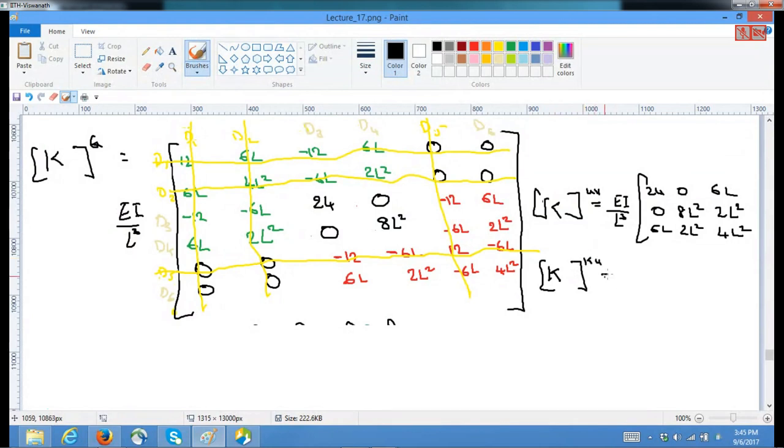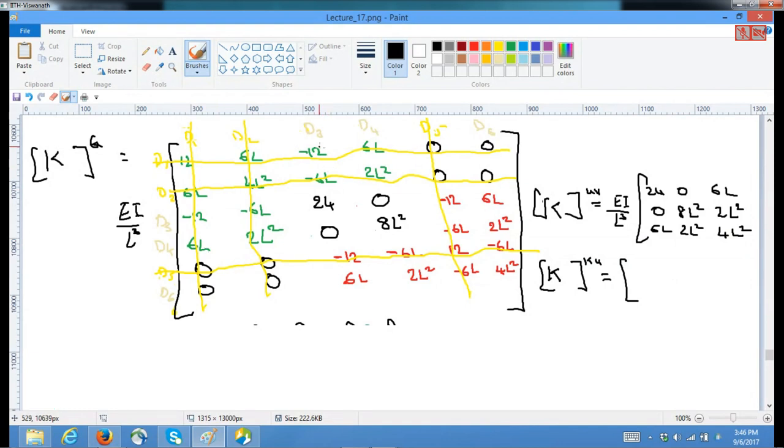KKU is like the rows are still intact, which are the knowns. I'll just explain it since we are running out of time. The rows are still knowns, but the columns that are eliminated are these.